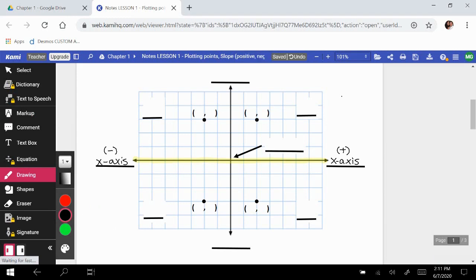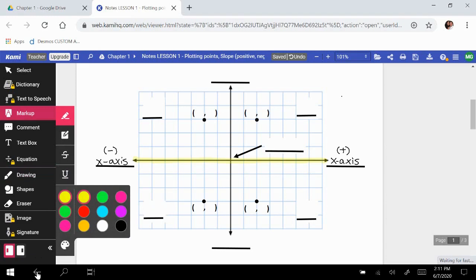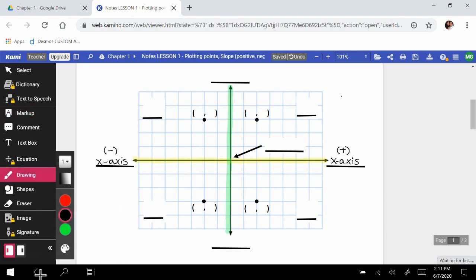The second one is the y-axis, which moves up and down. So this vertical line right here is called the y-axis. I'm going to go ahead and label this top part y-axis and also this bottom down here y-axis.